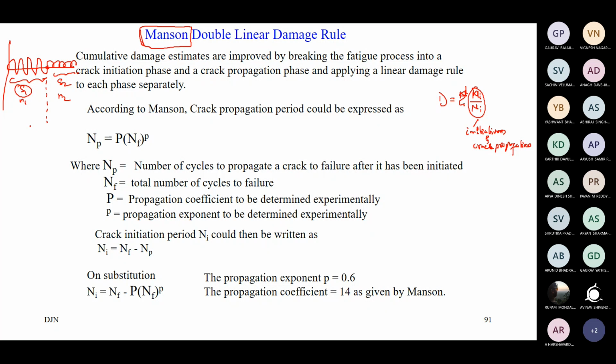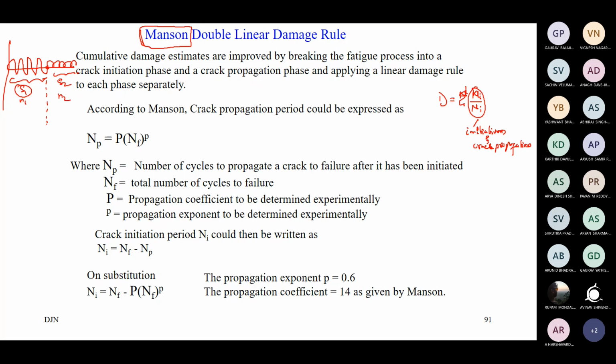Then whatever S2 magnitude you apply, you are applying it to a component with a crack, so there is damage occurring on the component to propagate the crack. The Palmgren-Miner rule, or the simple linear rule, was not taking this into account. It was just calculating the damage you accumulate on the component when you apply a given magnitude of load.